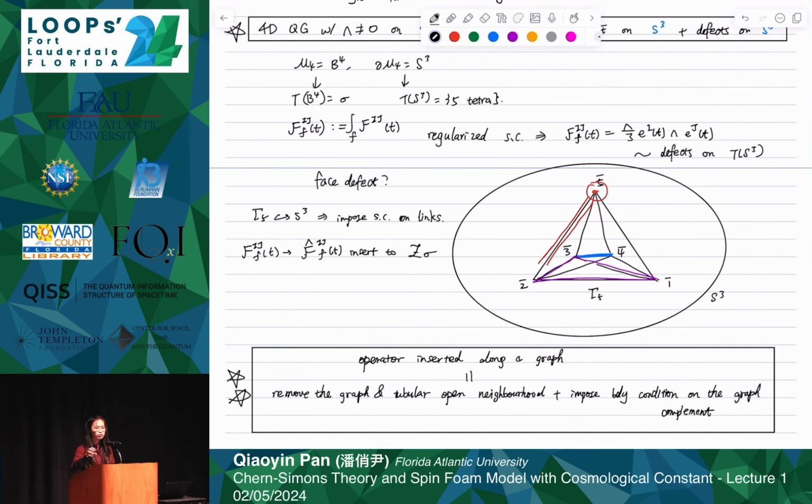So I just remove one node and I take out an open 3-ball, then its boundary is a 2-sphere. But because this node is connected to 4 links, I will have one hole that's connected to one link, 2, 3, 4, a four-hole sphere.